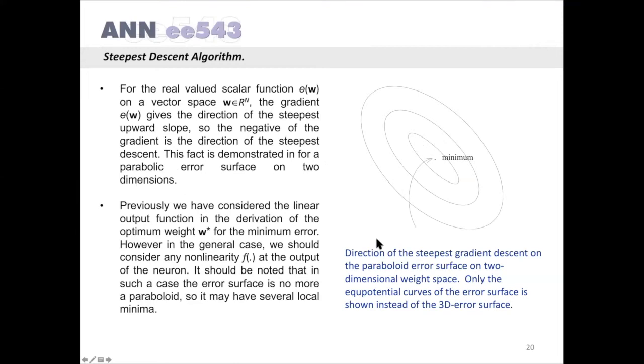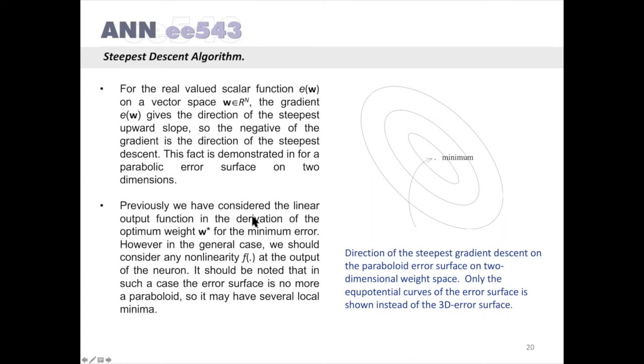This shows the direction of the steepest gradient descent on the paraboloid error surface in 2-dimensional weight space. We have 2 dimensions for the weight space. Only the equipotential curves of the error surface are shown instead of the 3D error surface here.